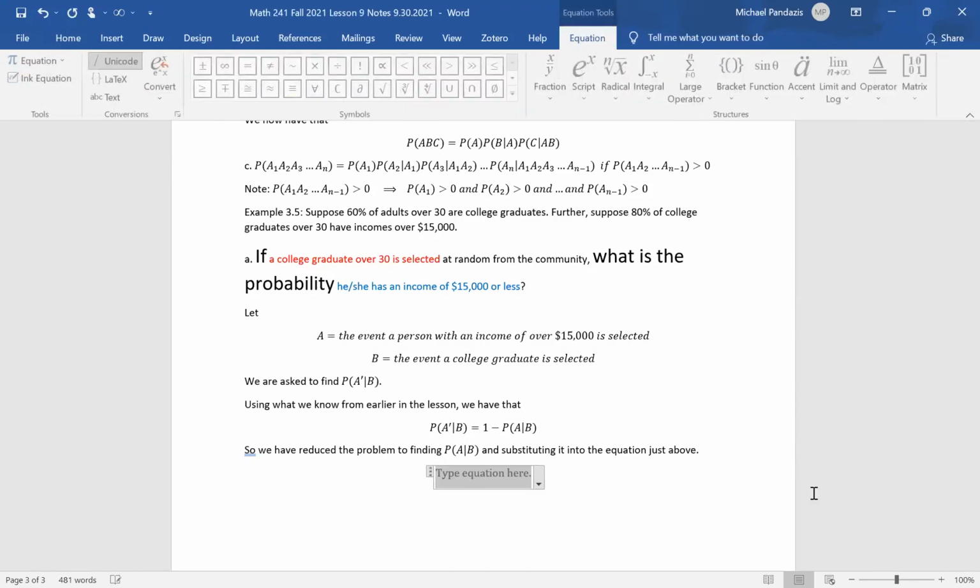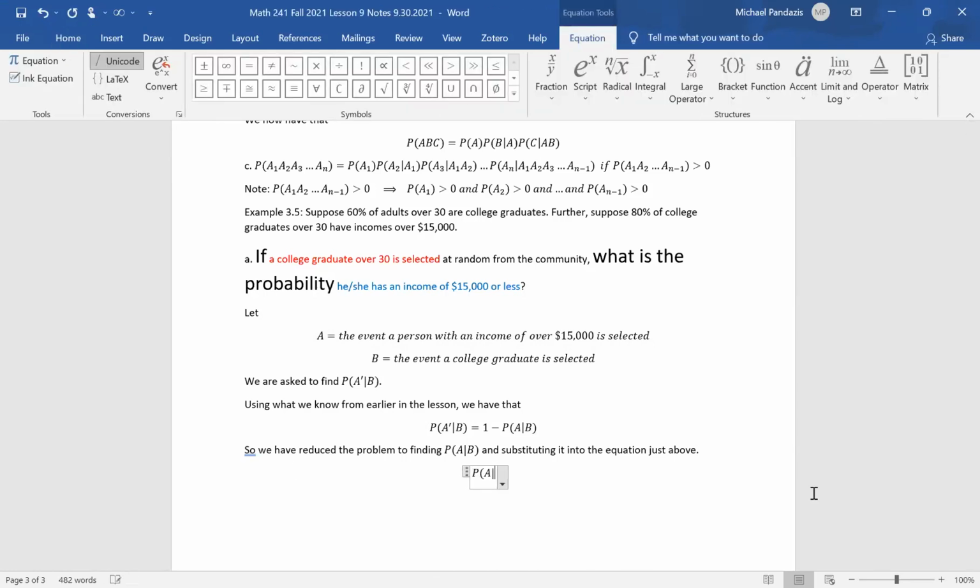And so the question is just, what's the probability of A given B? By definition, the probability of A given B is the probability of AB divided by the probability of B. The probability of AB is the probability that a person has an income of over $15,000 and is a college graduate.